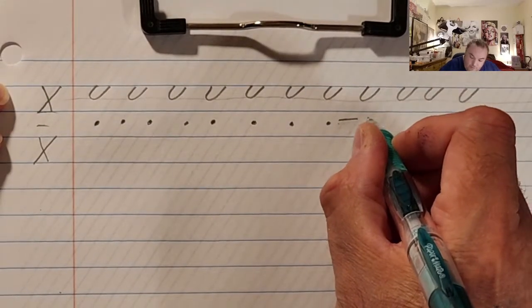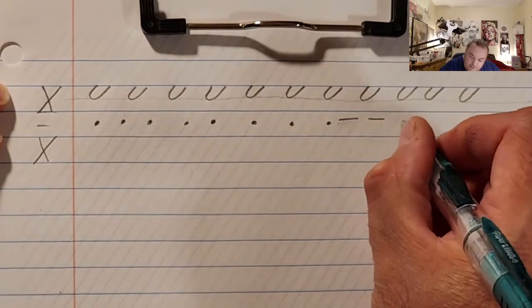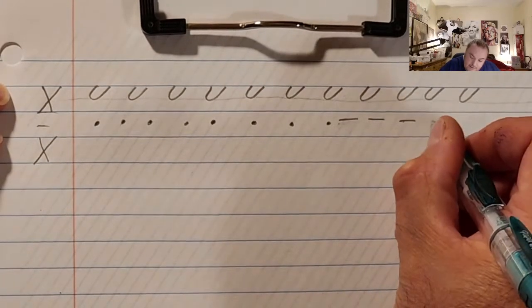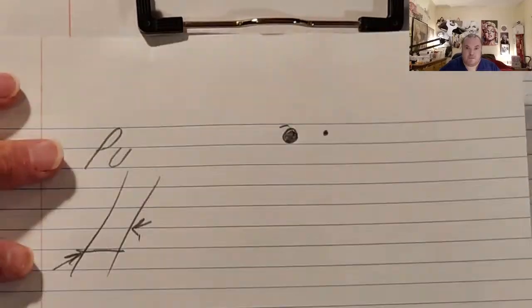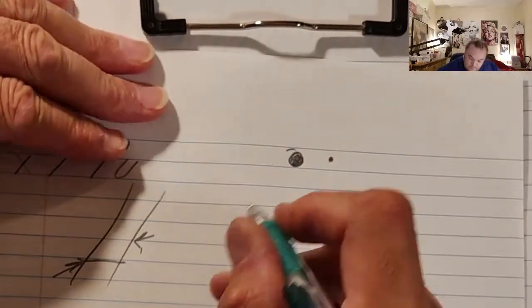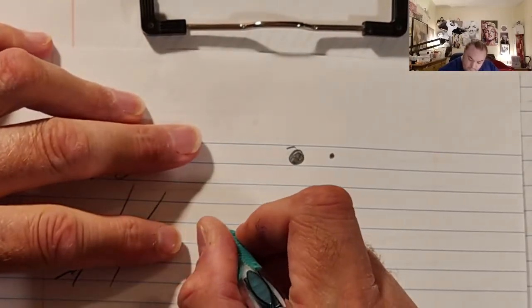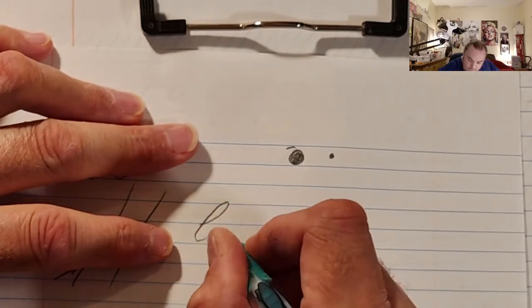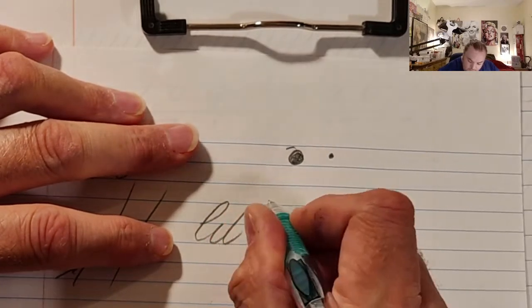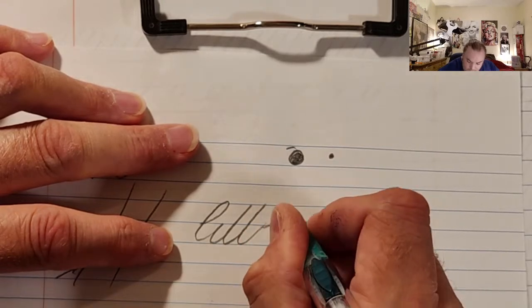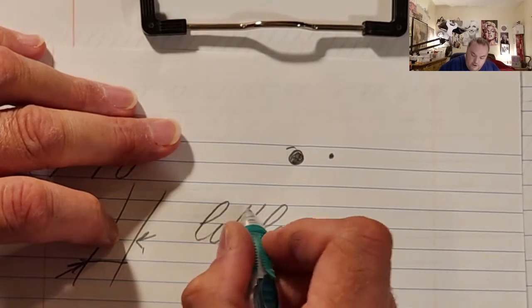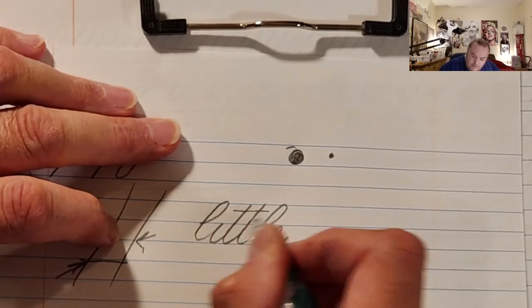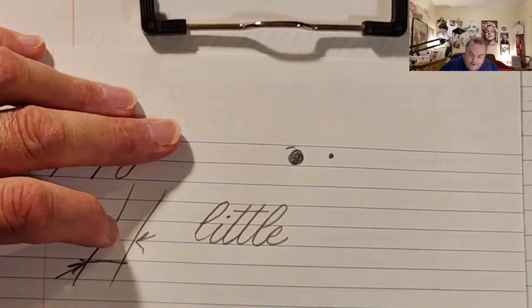It's kind of a weird place to put it, because if you were to write a word like the word little, your cross is going to go here, and your tittle is going to go there.